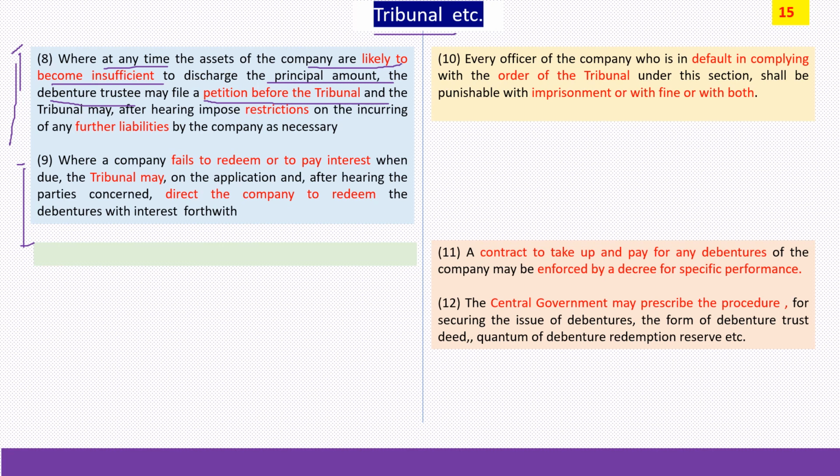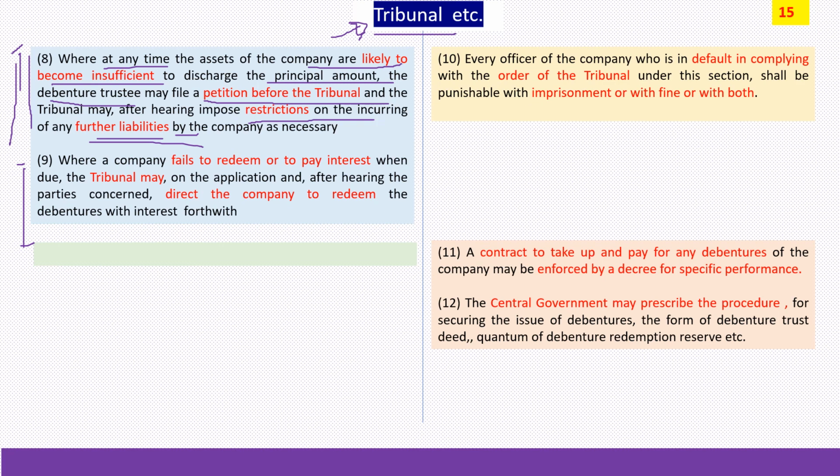It is to put restrictions on the company not to incur further liabilities. Because if the company goes for further liabilities, the interest of the present debenture holders will suffer. And to bring a stay on incurring further liabilities, the tribunal could be approached by the debenture trustee.